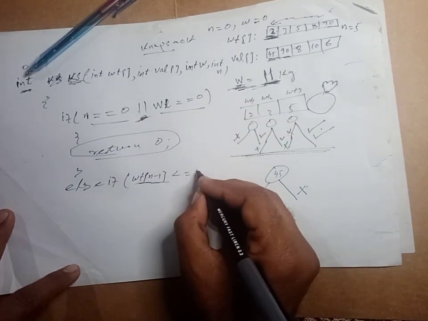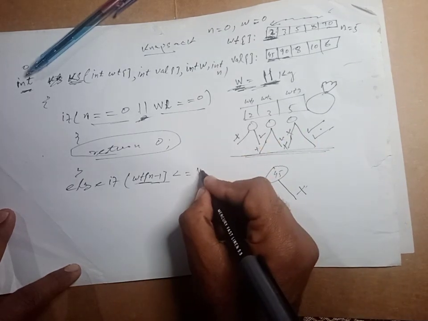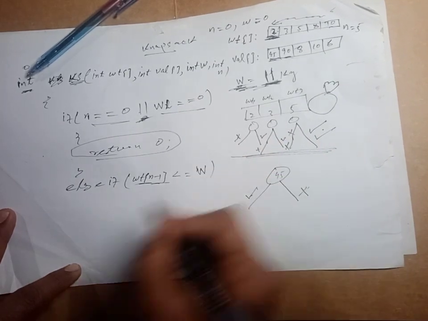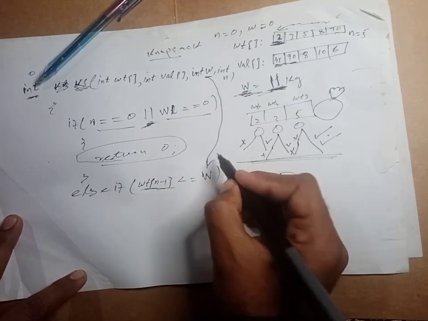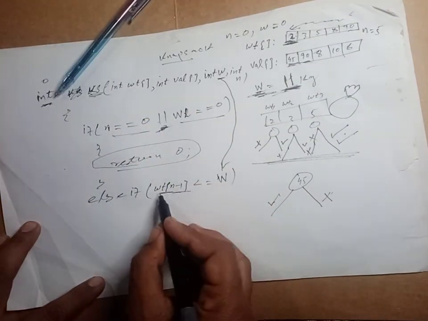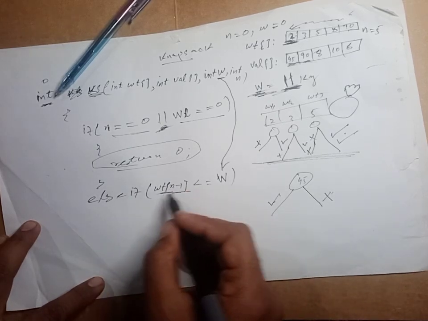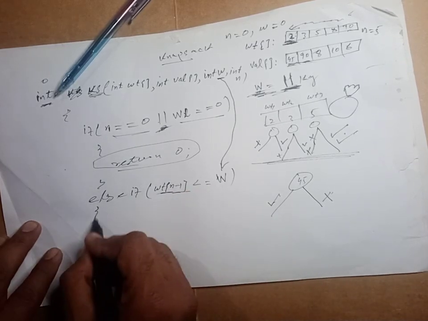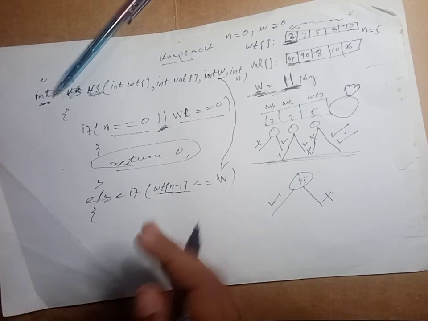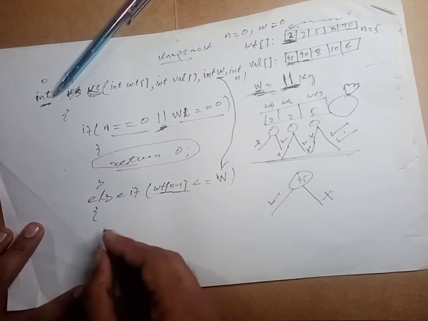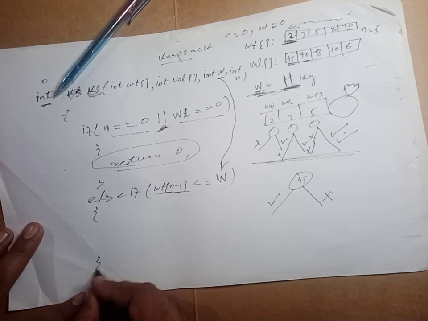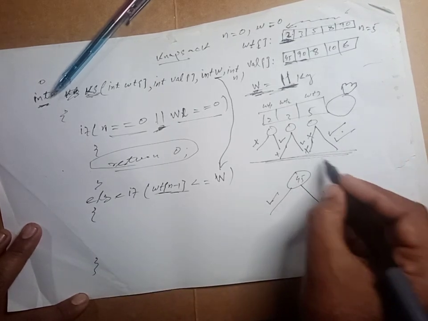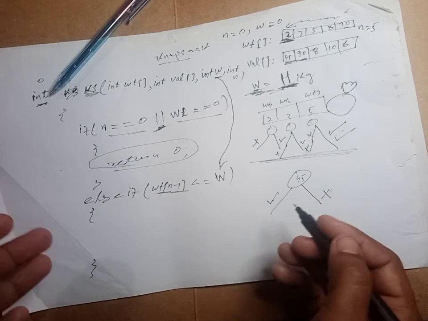So if yes, this is the W, and this is the individual item weight, a single item weight, you can say. Then what we should do is use the choice diagram whether to include the item or not.